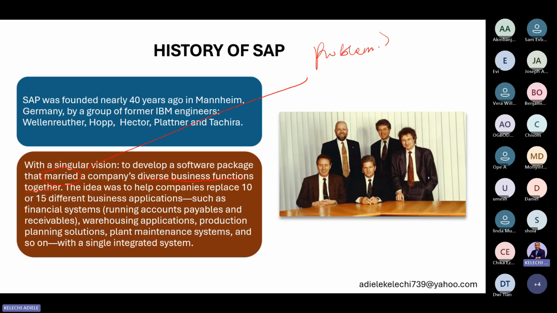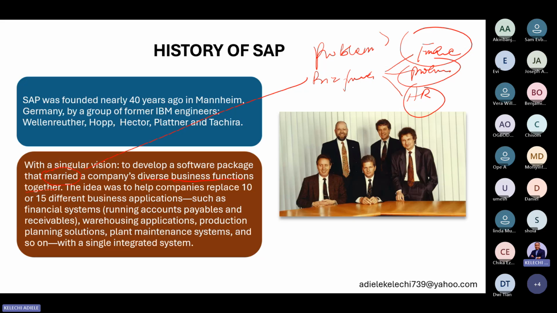The problem was that each business function, let's say finance, procurement, HR, was working separately. We had a finance system somewhere in the finance department. Procurement had procurement software somewhere in the procurement department. HR had a payroll somewhere. And these departments were working in silo, they had this siloed approach.